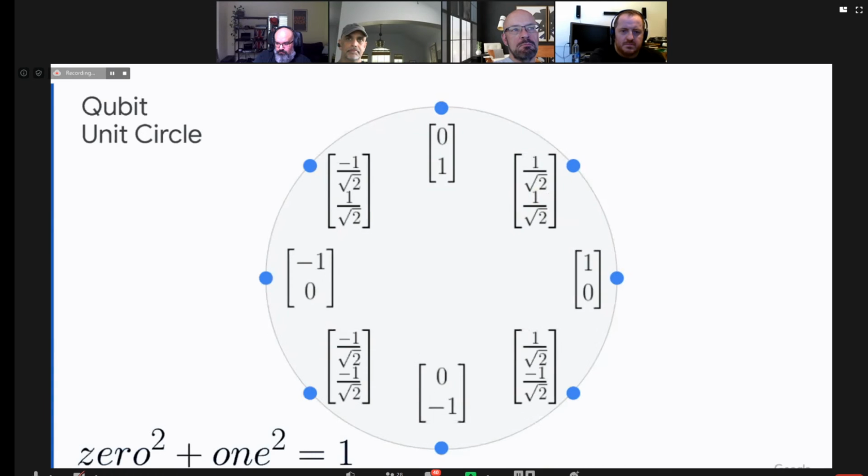But it doesn't stop there. A qubit can actually be anywhere along this unit circle. It's completely valid for a qubit to be in any of these states so long as it obeys this equation that the zeroness squared and the oneness squared equal 1.